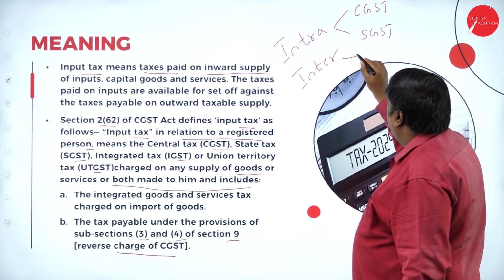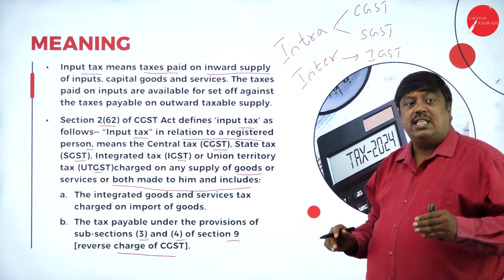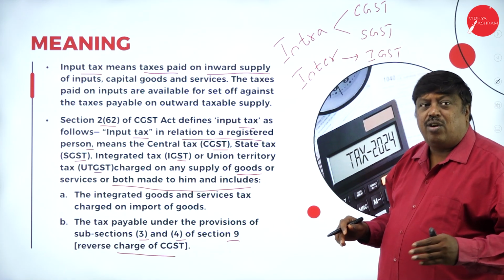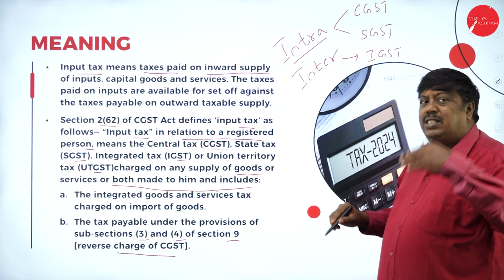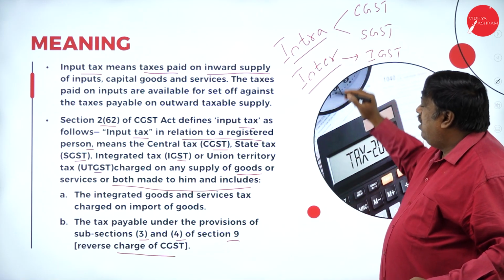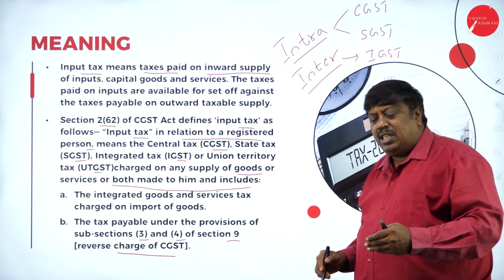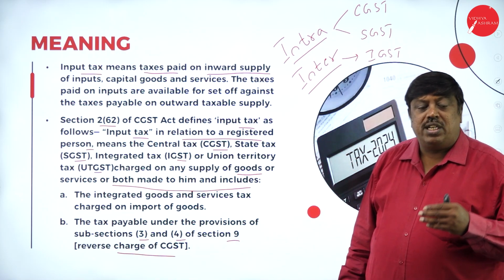If it is inter-state, we pay IGST. We have to understand that when we purchase the goods, whether it is within the state or outside the state: within the state, intra; outside the state, inter. When we purchase goods, we pay the tax to the government for purchasing raw material or anything for the process of production.